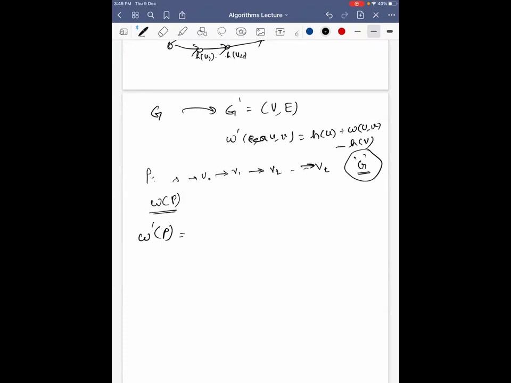By the way, the weight of a path is the sum of the weights on the edges of that path. So did you understand my question? Sir, it will be WP plus HS minus HVT. Exactly.